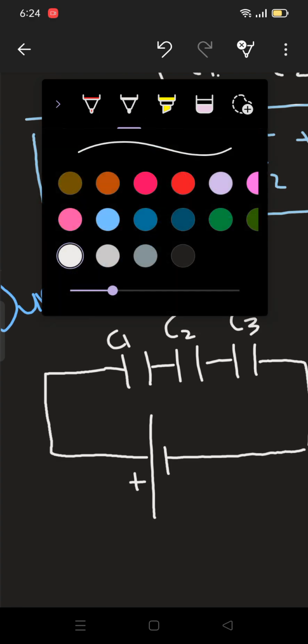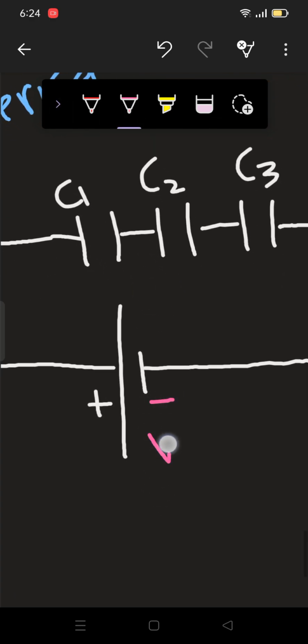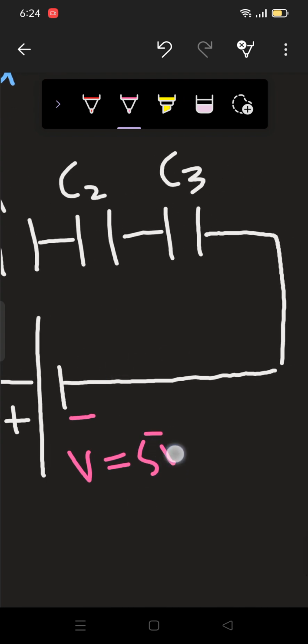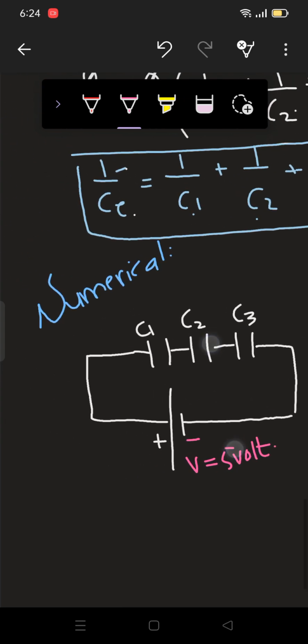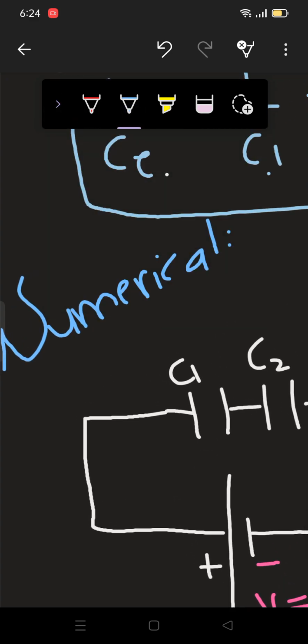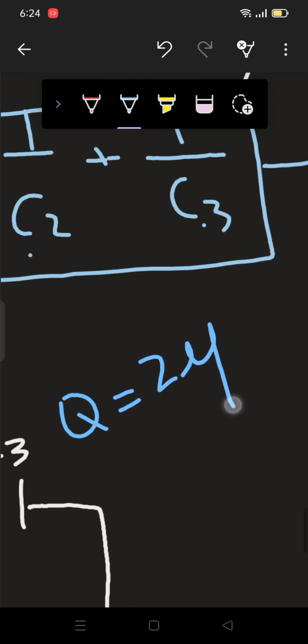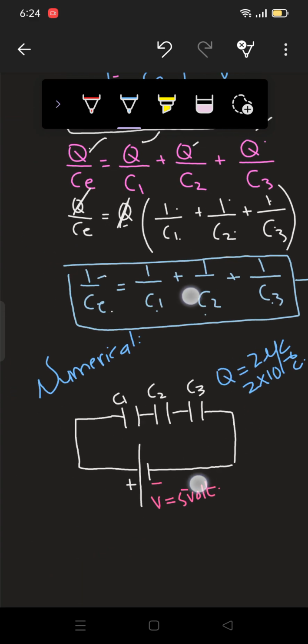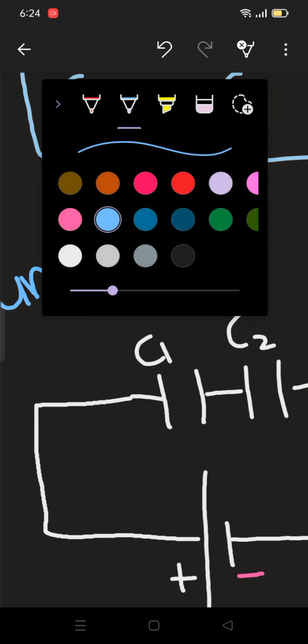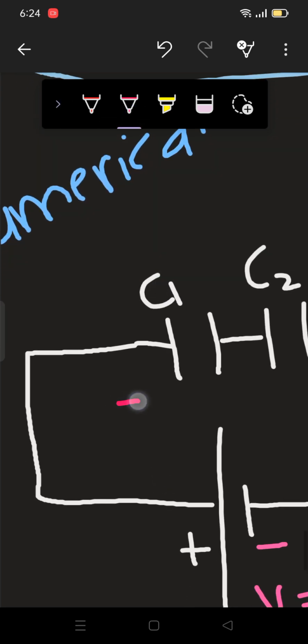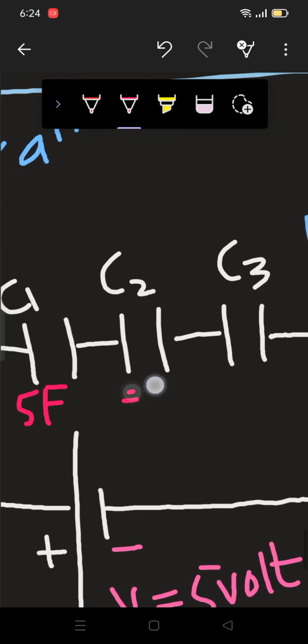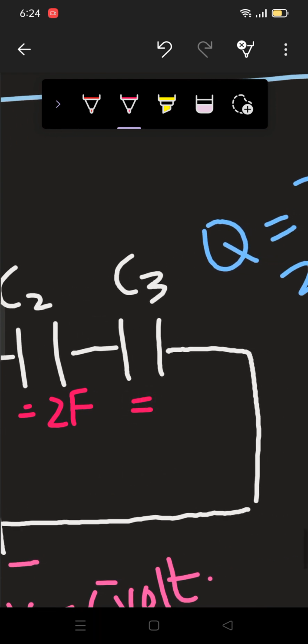Suppose you have provided a voltage of 5 volts, and they are storing the same charge, which is 2 microcoulomb, equal to 2 into 10 to the power minus 6 coulomb. C1 is 5 farad, C2 is 2 farad, and C3 is 1 farad.